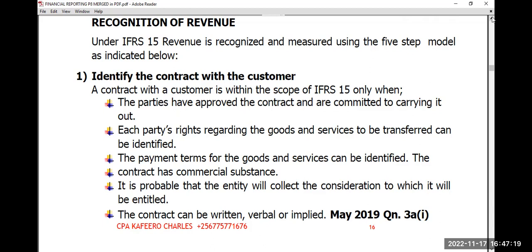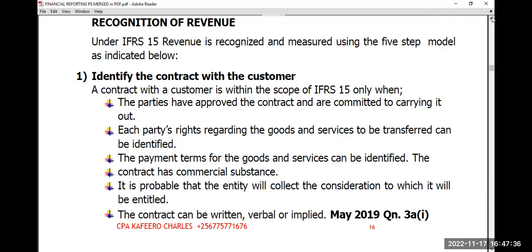So that's what we mean by saying that each party's right regarding the goods and services to be transferred can be identified. The buyer has a right to receive the goods, and the seller has a right to receive the payment.